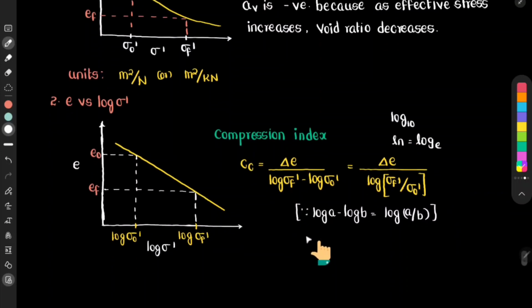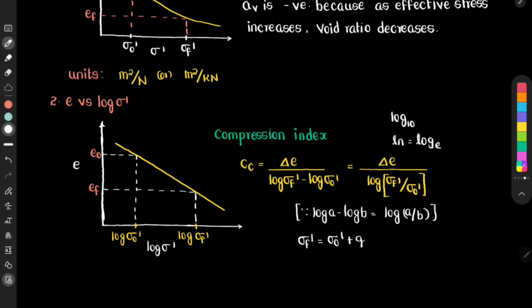And then sigma f dash, we already know, is equal to sigma naught dash plus q. So this is the second compressibility characteristic: compression index is equal to delta e by log of sigma f dash by sigma naught dash.